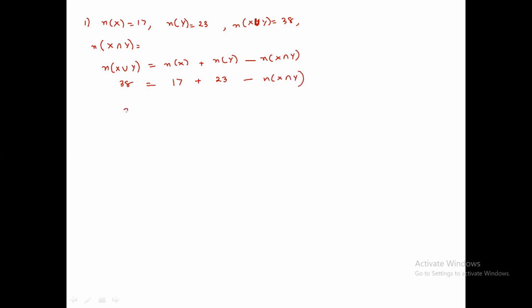So we can write 38 equal to 40 minus n of x intersection y. Or n of x intersection y is equal to 40 minus 38, which is 2. That is what they have asked.